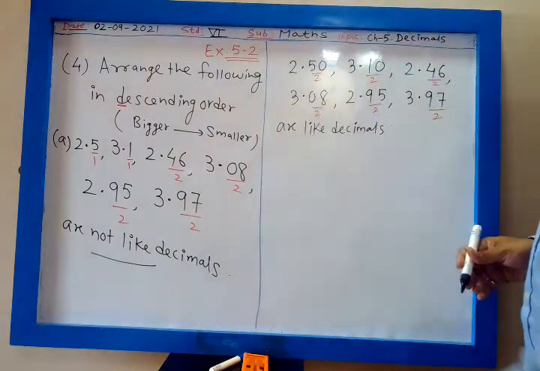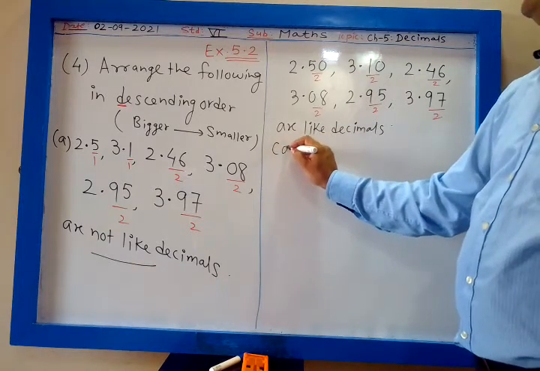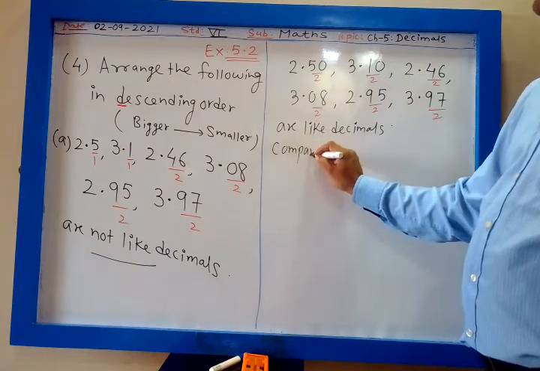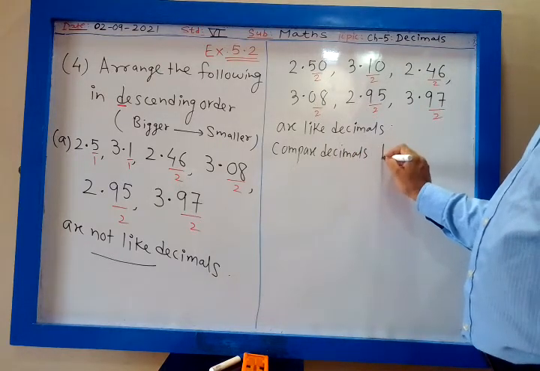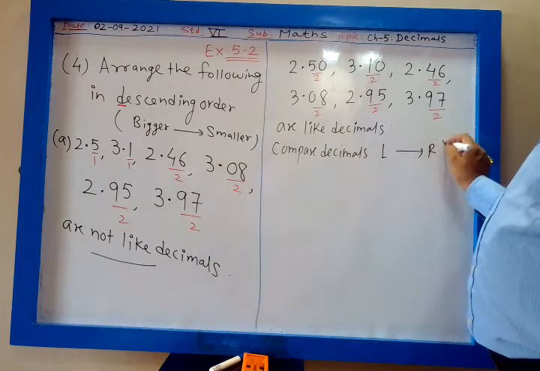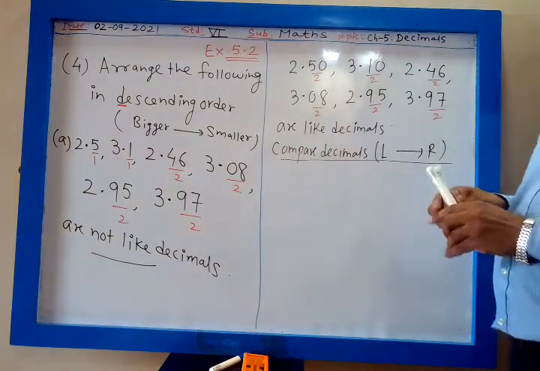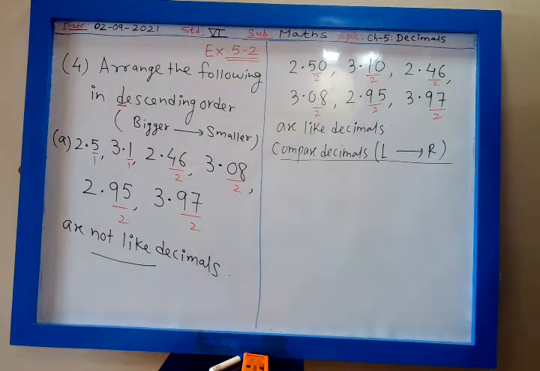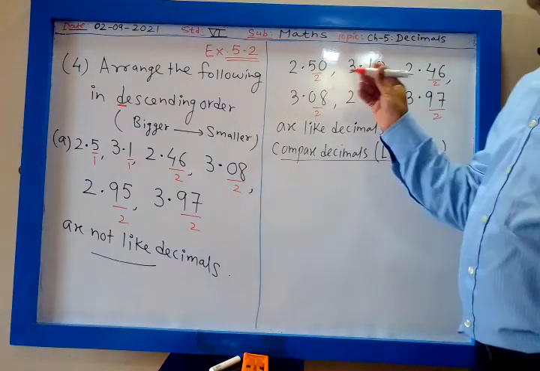Now you have to arrange them in descending order. So we compare the decimals from left to right. First we have to write descending order, so let us write the bigger number first.